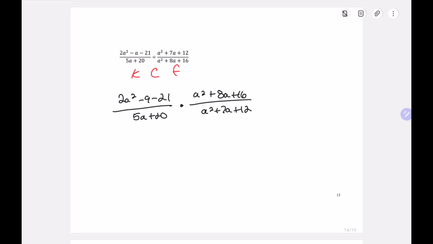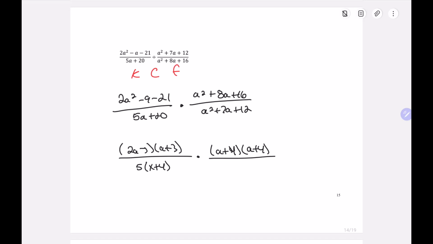If we write out our factored forms, in the top left we would get 2a minus 7 and a plus 3. In the bottom left we would get 5 times a plus 4, times, in the top right we would get an a plus 4 and an a plus 4.